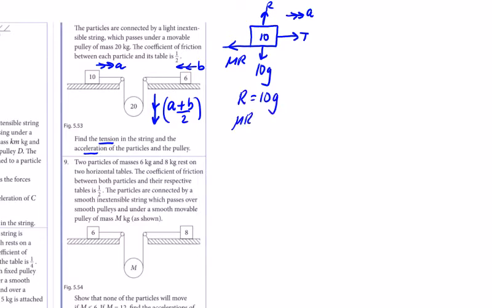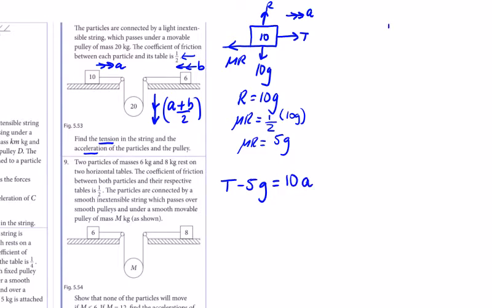So mu R is equal to, it's a half here, so a half of 10g, which is 5g. So that's my mu R. Now my force starting with T going to the right, minus mu R, which is the only thing stopping it, so minus 5g, is equal to ma, so 10a.